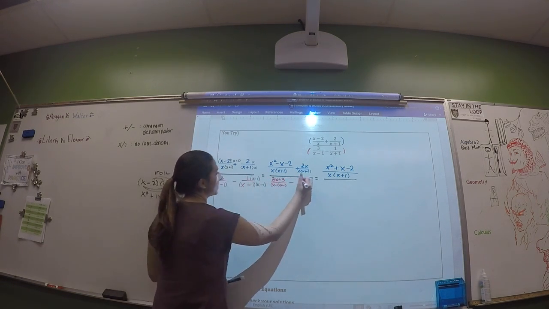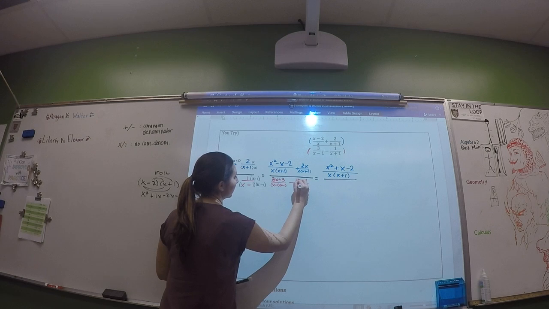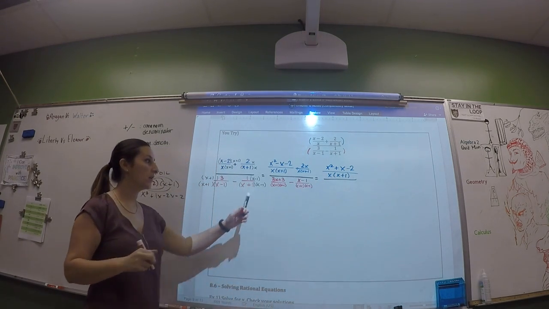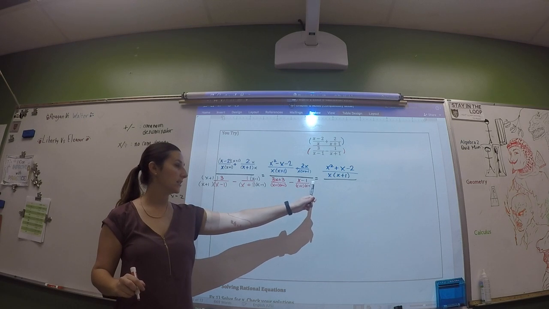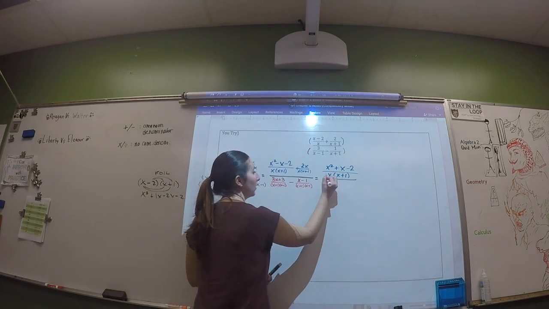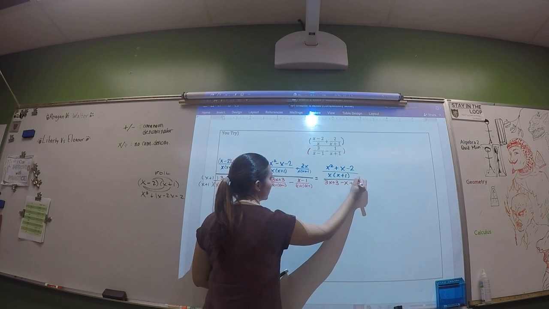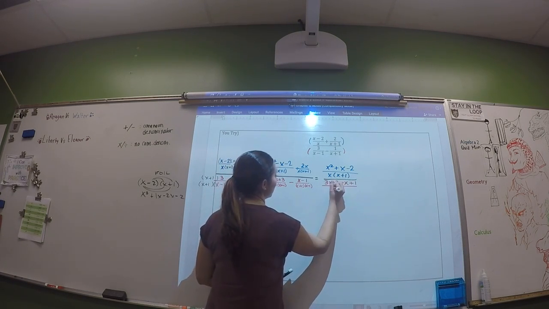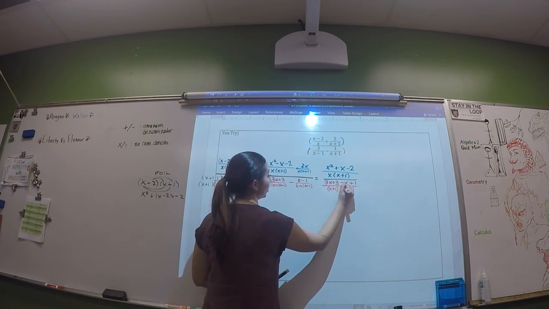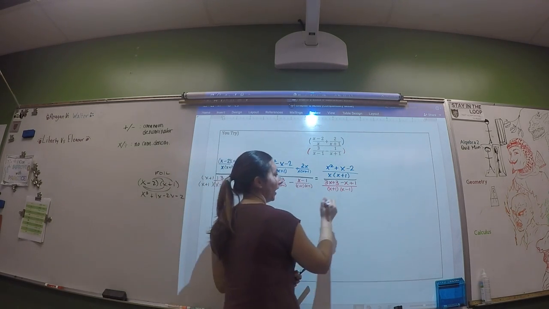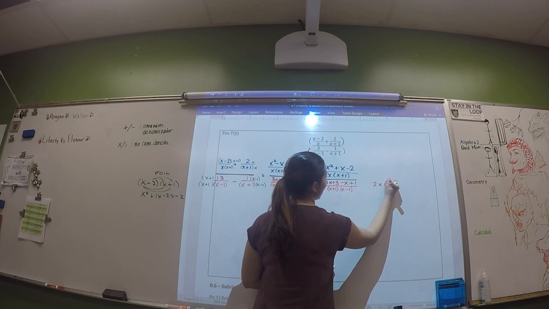This numerator becomes x minus 1 over the common denominator. We're going to subtract. Now when you subtract, you're doing 3x plus 3 minus x plus 1, because you have to distribute the negative sign. And so you get 2x plus 4.